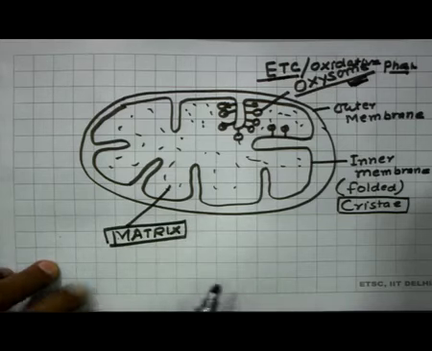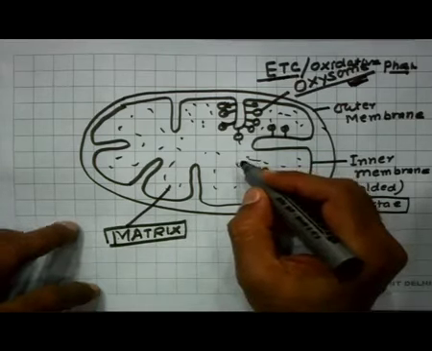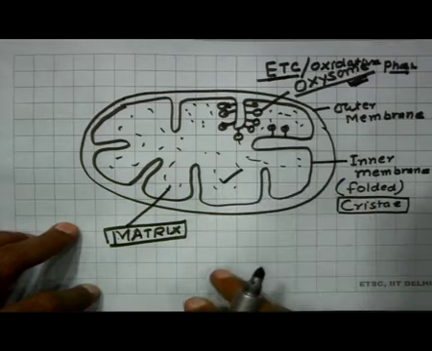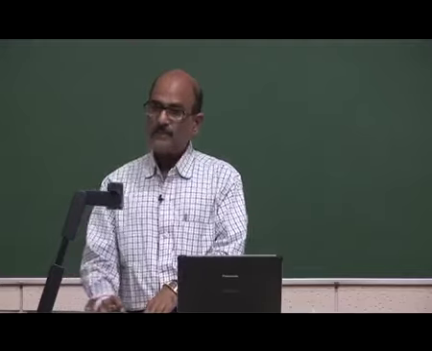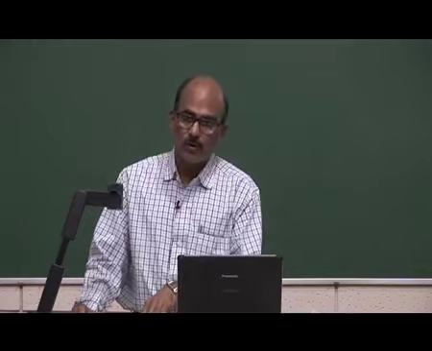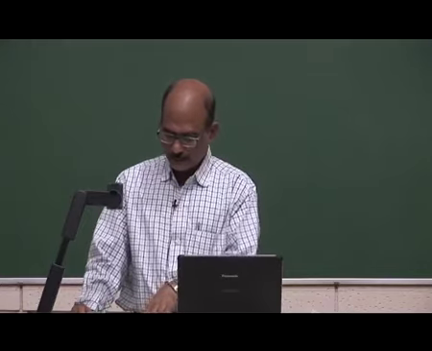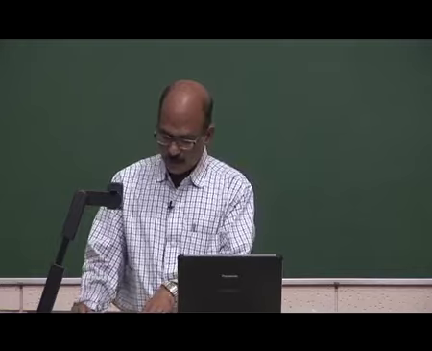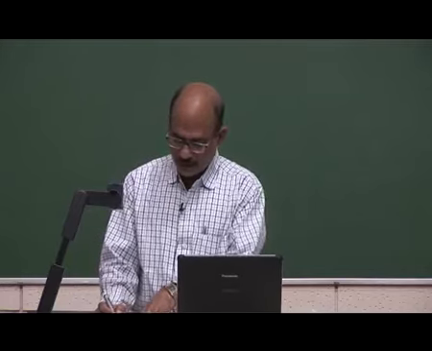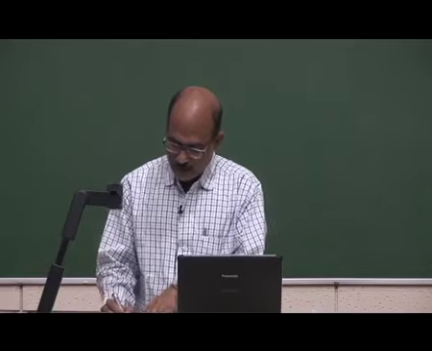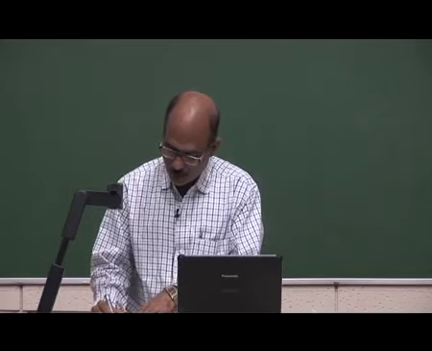In the mitochondrial matrix all the enzymes for the Krebs cycle are present, and the electron transport chain takes place with the help of cytochrome and various types of iron, ferric and ferrous, which is found in the oxysome.